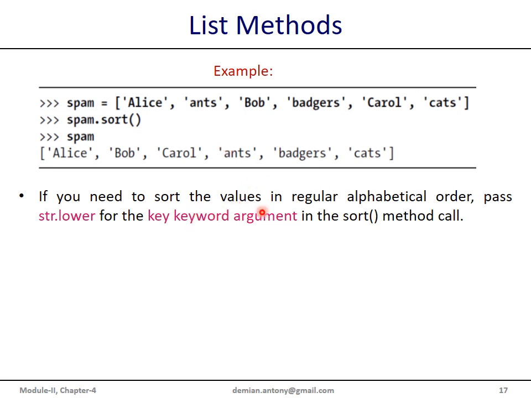In order to sort the values in regular alphabetical order, we need to use another keyword argument called key, and we need to pass the string dot lower as a value for the key, so that we can have a regular alphabetical sorting order.